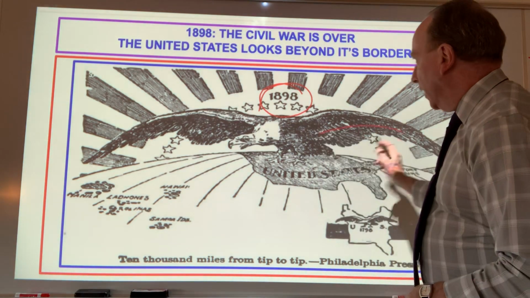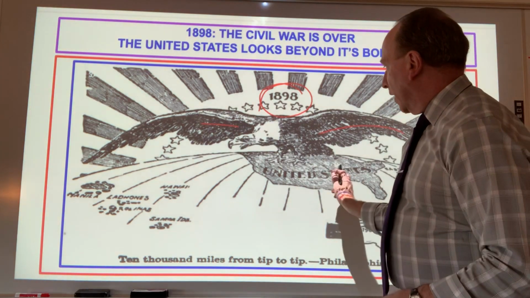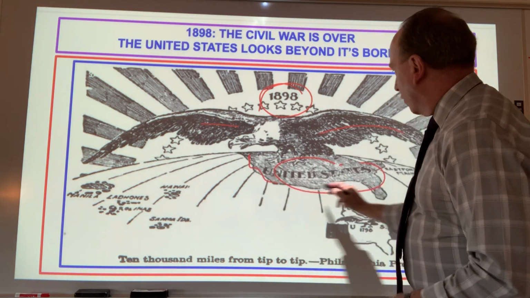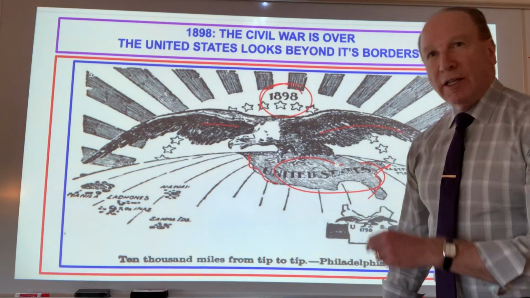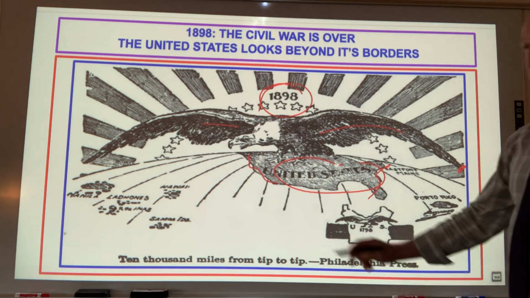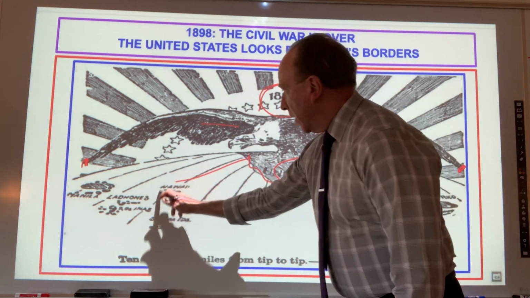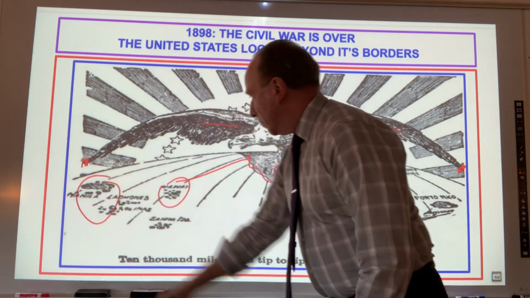You have the American eagle, which is the symbol of our country. United States, here's our borders all secured. And you had one tip of the eagle's wing firmly in Europe. You had the other tip all the way in Asia, Hawaii, the Philippines, Manila.